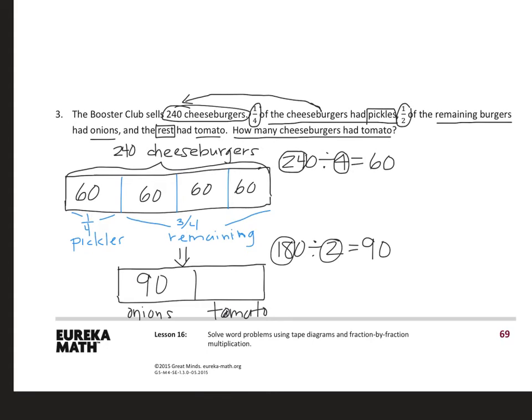So 90 burgers had onions on them, and 90 burgers had tomatoes on them. So let's write our sentence out because we're able to answer the question, how many cheeseburgers had tomato? 90 cheeseburgers had tomato. Period.